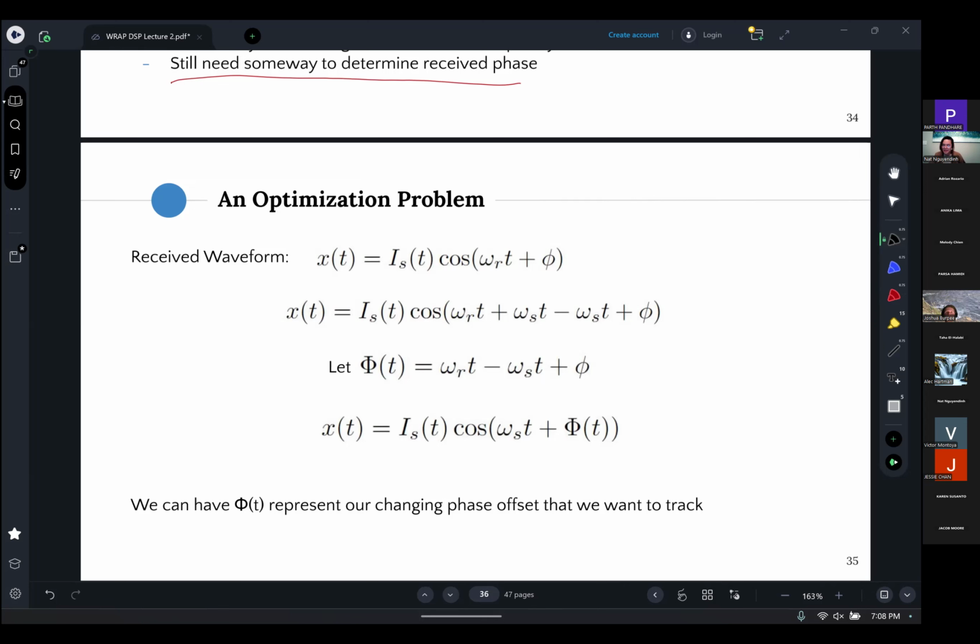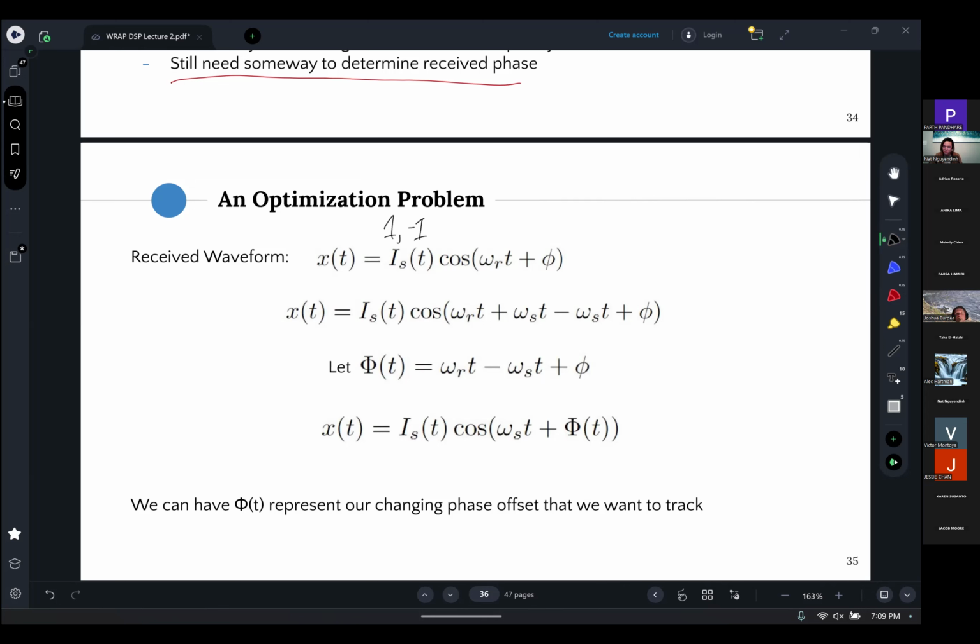So this is what we've been doing so far, from the receiver's perspective. What we see is x of t, whatever we receive at the analog to digital converter after everything. We can mathematically represent this as I of t at the center, which is just going to be 1 or -1.